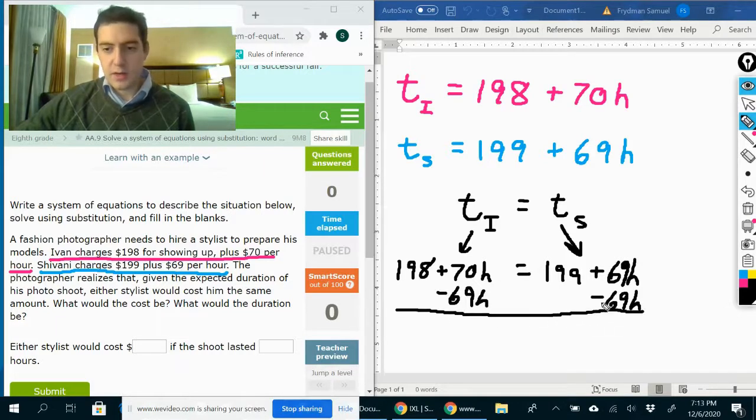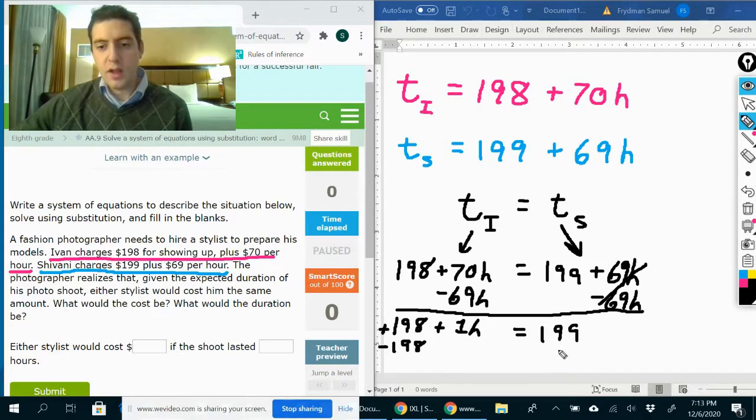Okay, it's going to cancel out, of course, over here, but over here I get a positive number, just 1H, which is really just H. So now I have 198 plus 1H equals 199. And then let's subtract, this is like plus, we can treat that as plus 198. So now we'll subtract 198, which is the inverse of addition.